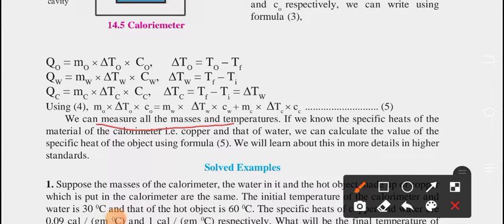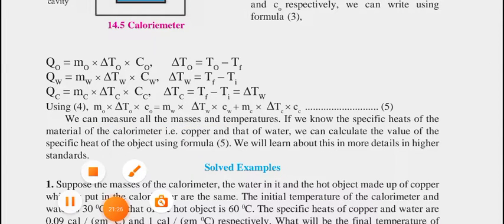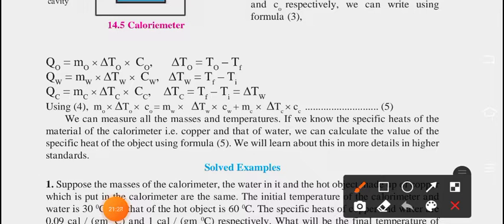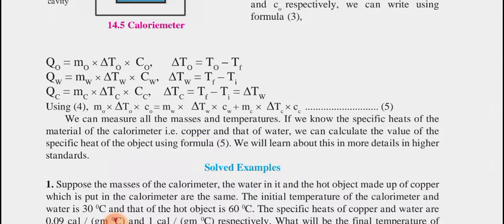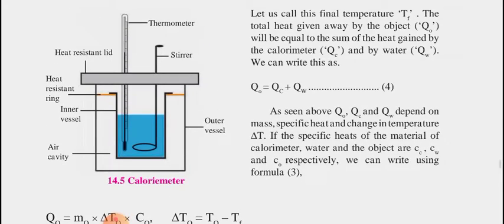If we know the specific heat of the material of the calorimeter, what is present over here? Copper. Obviously a copper vessel is there. And if you know the specific heat of water, and you know the temperatures of the copper and the water, then we can calculate the value of the specific heat of the object using this formula. Let me show you this diagram again.